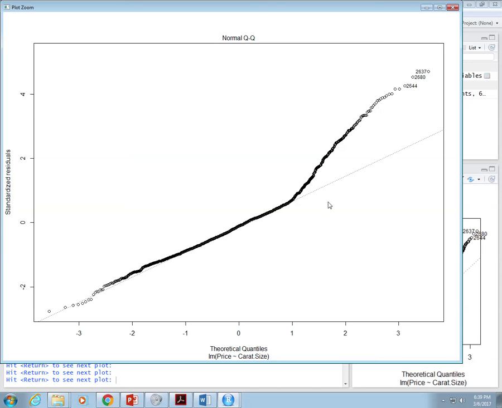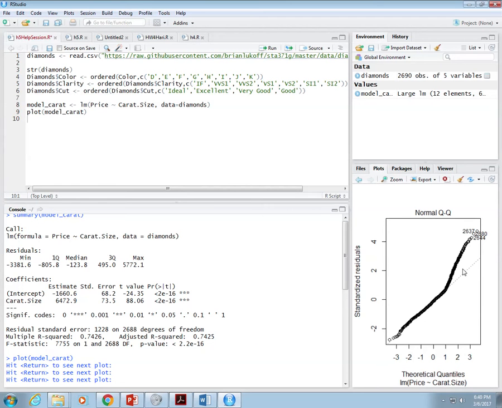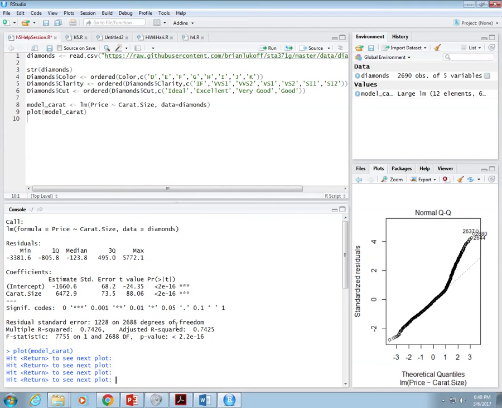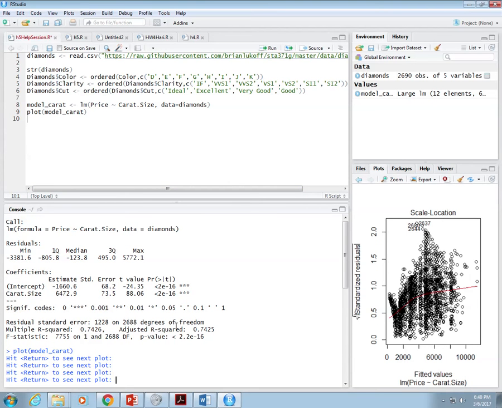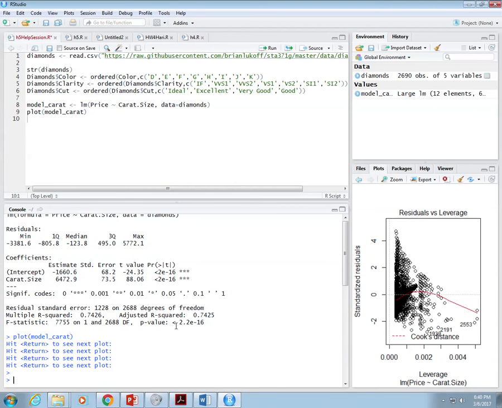So does anyone know if it's left or right skewed with this QQ plot? I think it's actually right skewed here. And that makes sense because you'll see the big diamonds, and also because we underpredict. Okay, and you don't have to worry too much about these, but these aren't very pretty looking either. You like straight lines in all these plots.